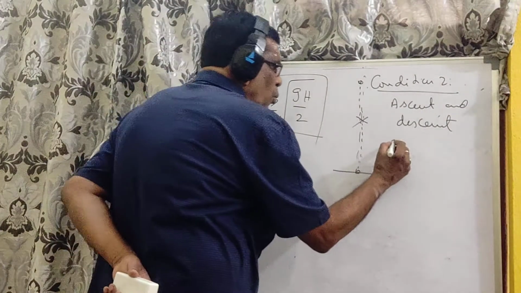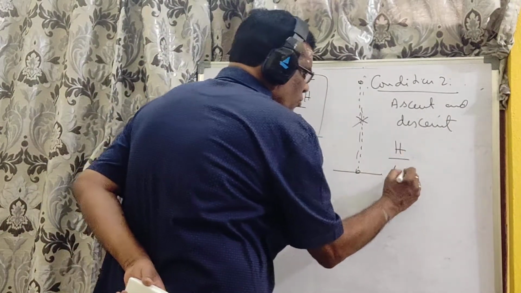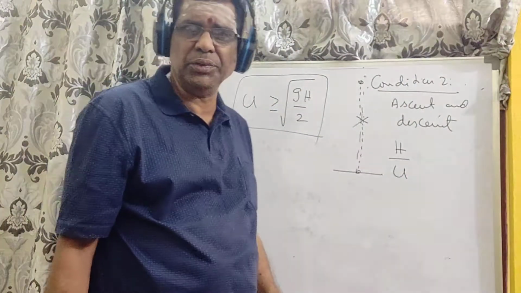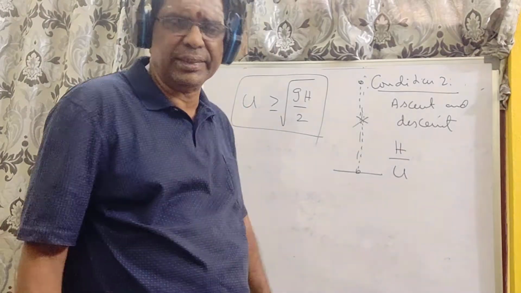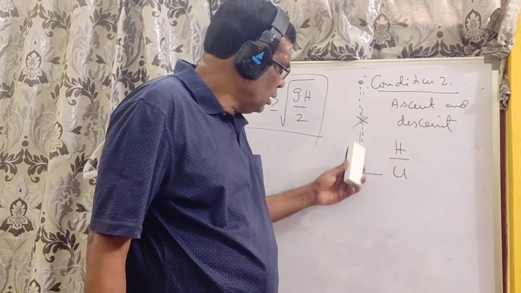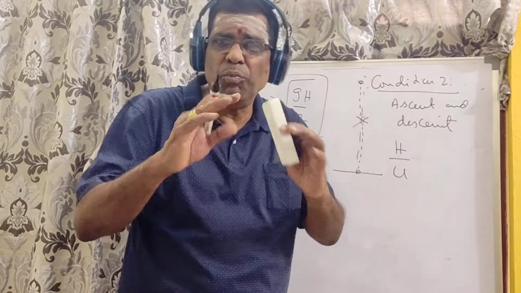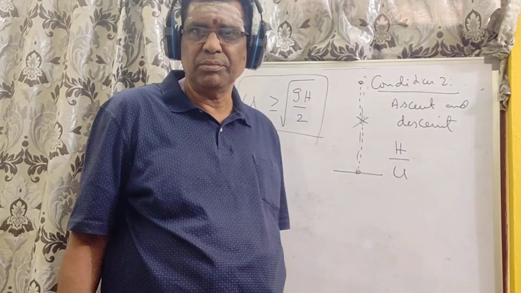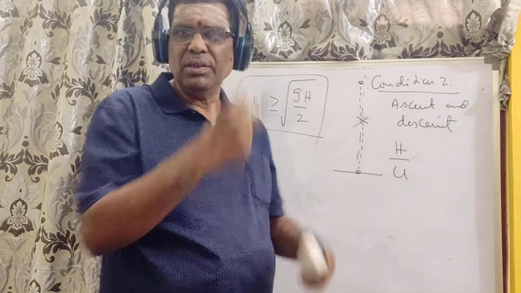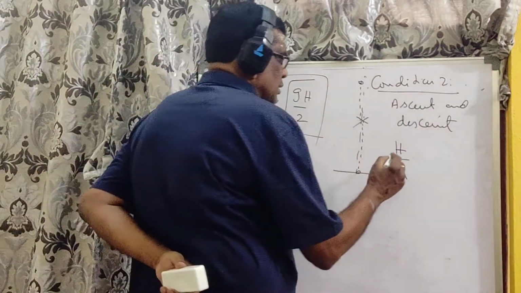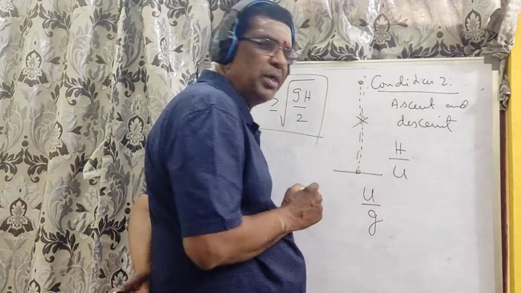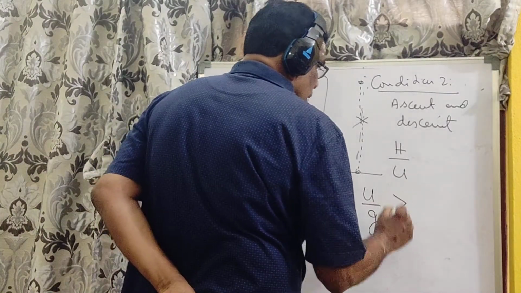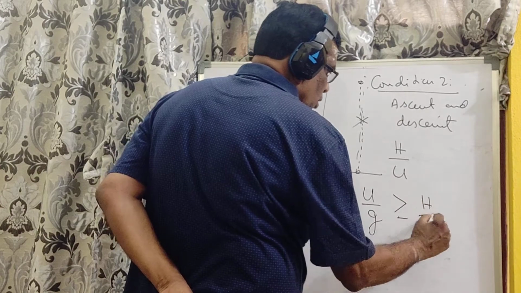As usual, what is the time for collision? h by u. Suppose, as I said, suppose h by u is 4 seconds in an example. Your time of ascent must be more than 4 seconds. Then it still keeps on rising or ascending. Therefore, time of ascent, you know very well, u by g is greater than or equal to h by u.